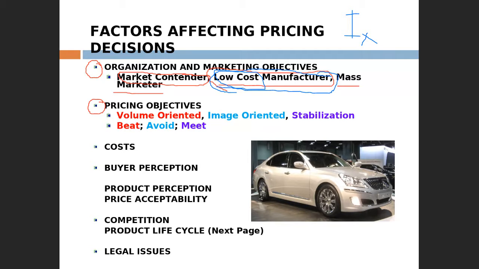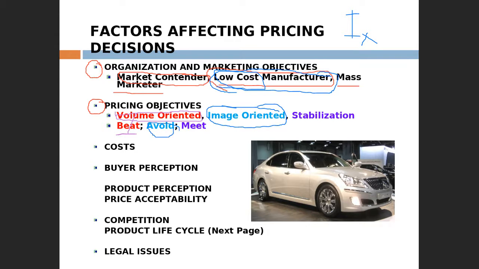The reason is that it shows you, for example, that if you have a volume-oriented pricing objective, then your pricing decision would be to beat the competitors' prices. See, red and red. If, on the other hand, your pricing objective is image-oriented, right here, then you would try to avoid your competitors' prices.